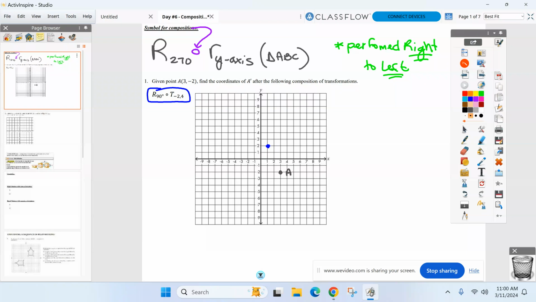Counterclockwise, because it's positive, remember. Yep, counterclockwise. All right, so everyone rotates it counterclockwise 90 degrees. And we see where that point ends up. That's the point we'll call A prime. So where does it end up here? I've done this a bunch of times. (-2, 1). A prime.